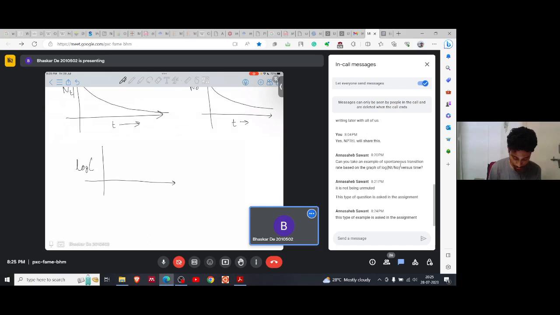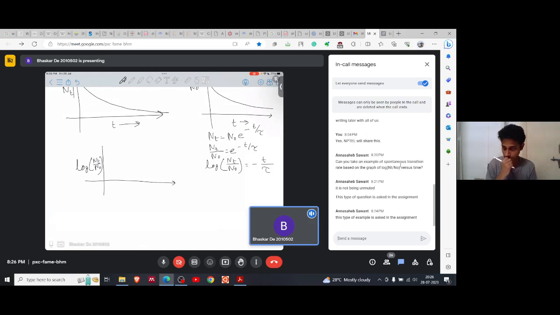Log of nt by n naught. Now nt equals n naught e to the minus t by tau, so nt by n naught is e to the minus t by tau, and if we take the log, it will be minus t by tau.